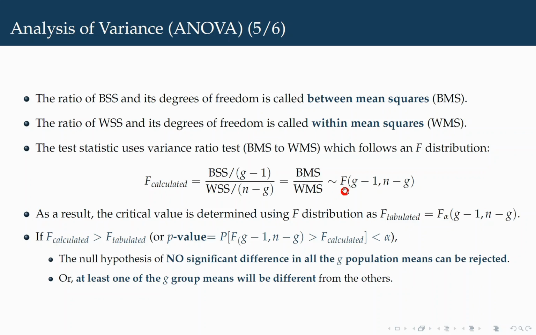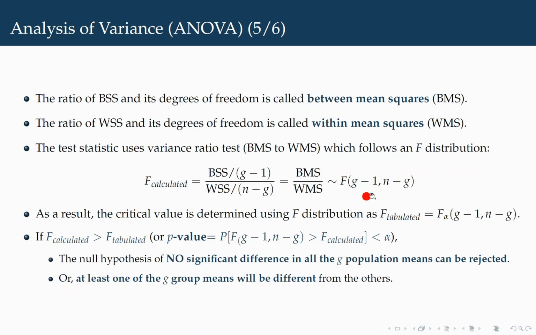So this will have an F distribution with g minus 1 and n minus g degrees of freedom. G minus 1 is the degrees of freedom for the numerator part, and n minus g is the degrees of freedom for the denominator part. So this is the test statistic that is used for analysis of variance test.